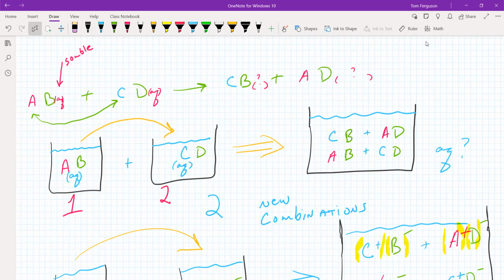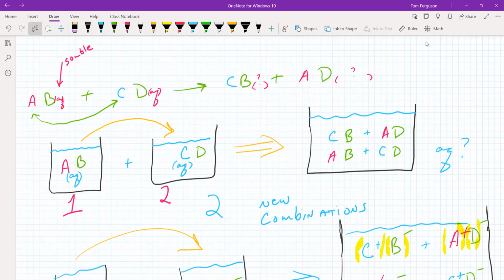And now there's a possibility of a new combination. Instead of A always pairing with B, now A could pair with D. Instead of C always going with the D, now the C can go with the B.